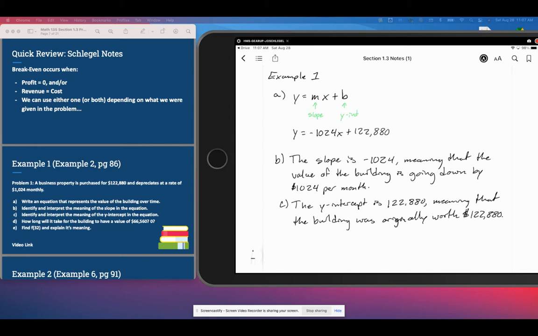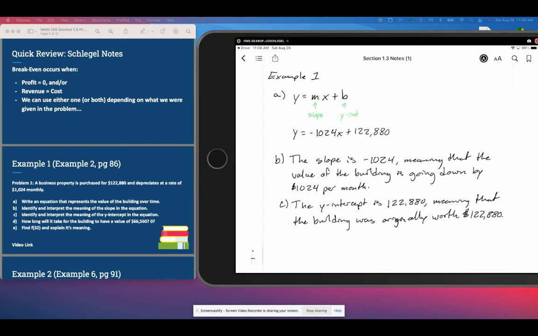So you can see that I have identified and interpreted the slope for part B, and I have identified and interpreted the y-intercept for part C. So the slope is negative 1,024, meaning that the value of the building is going down by $1,024 per month. And the value of the y-intercept is $122,880, meaning that the building was originally worth $122,880.